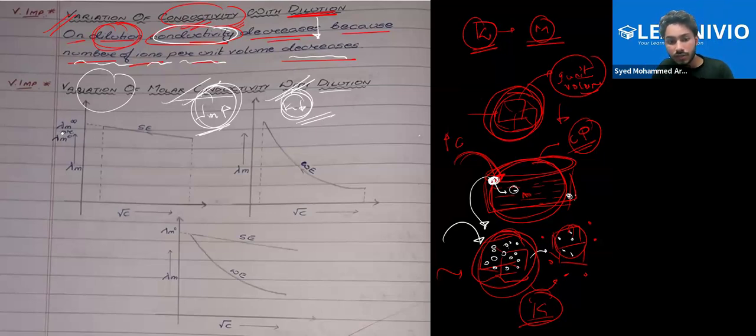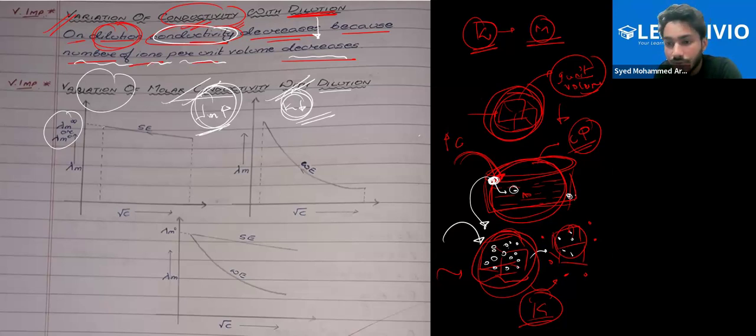So if you see, this is the strong electrolyte. If I say that on increasing the dilution, the number of electrolyte increases, but you know that in a strong electrolyte, my complete dilution has already happened.